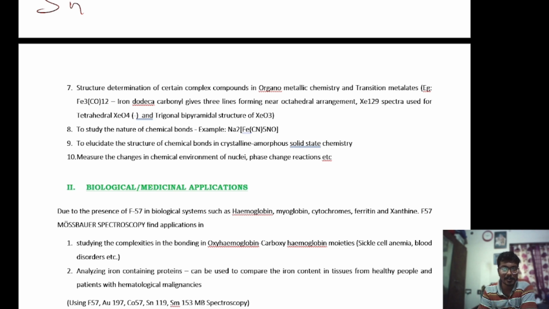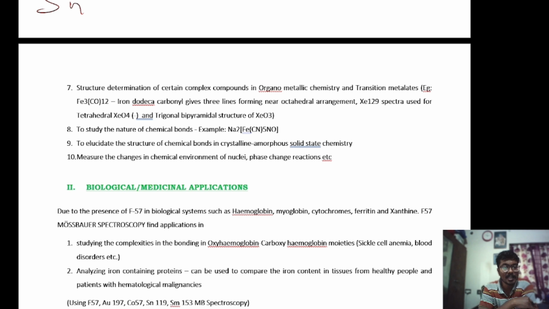Using Mössbauer spectroscopy, because xenon 129 is a Mössbauer active element, the xenon 129 spectra can be used to identify the exact geometry of xenon tetroxide, XeO4, which has a tetrahedral geometry, and the trigonal bipyramidal structure of xenon trioxide, XeO3. We cannot use conventional instrumentation methods to find these out. Using Mössbauer spectroscopy, we can find these kinds of complex structures of certain inorganic compounds.